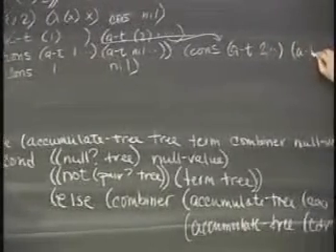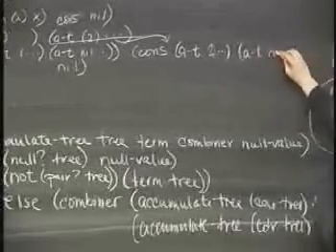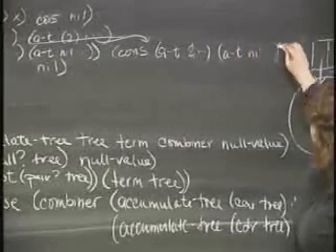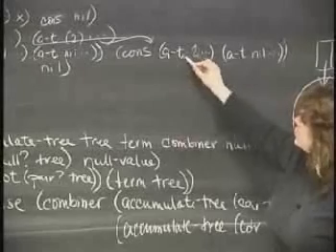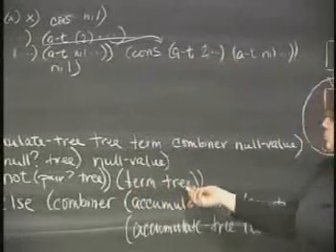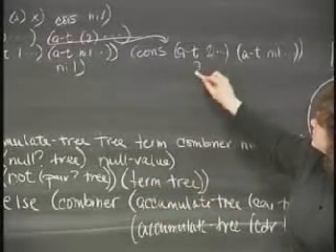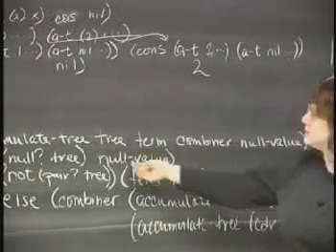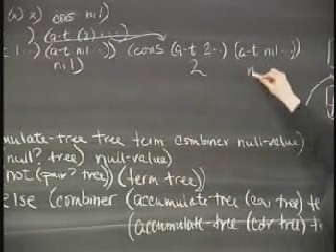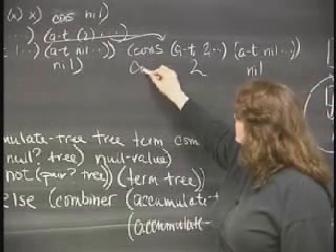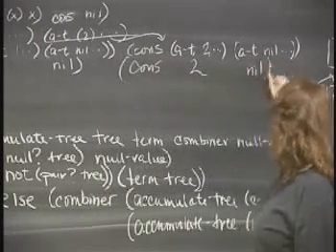To the accumulate tree of the cooter. So, accumulate tree on 2, term tree, which then goes through, it's the null value, nil. So here we got cons 2 nil.